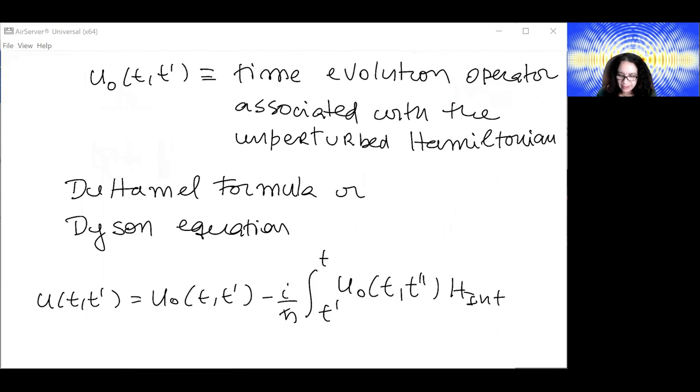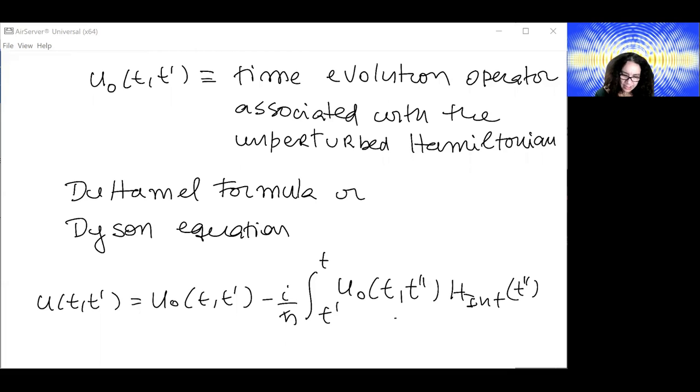Remember this is the interaction Hamiltonian. It's not necessarily the Hamiltonian in the interaction picture. I'm not making any assumption here. Then t double dash, and then here you have U. I need more space, always. Let me cut this.